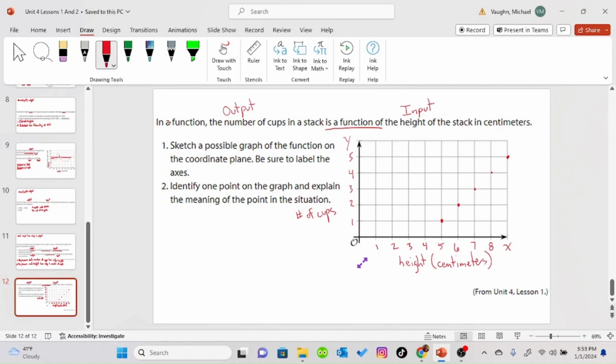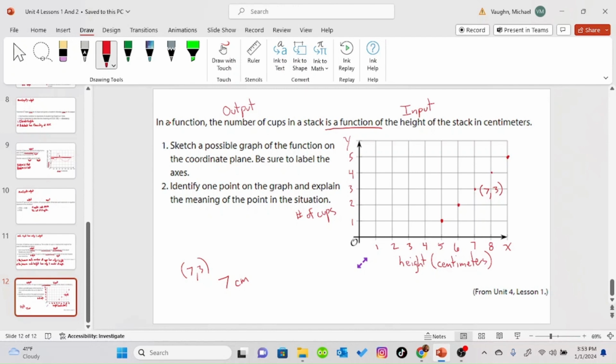If I wanted to pick 1 point here on number 2, identify 1 point on the graph, and explain the meaning of the point in the situation, we could take this point right here at 7, 3. 7 is our input, so that means 7 centimeters, and 3 is our output, which is the number of cups.